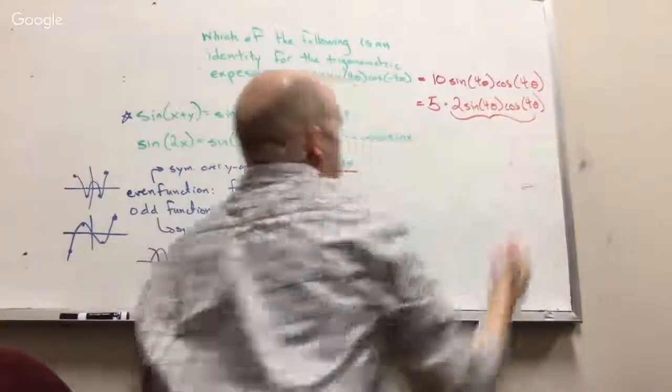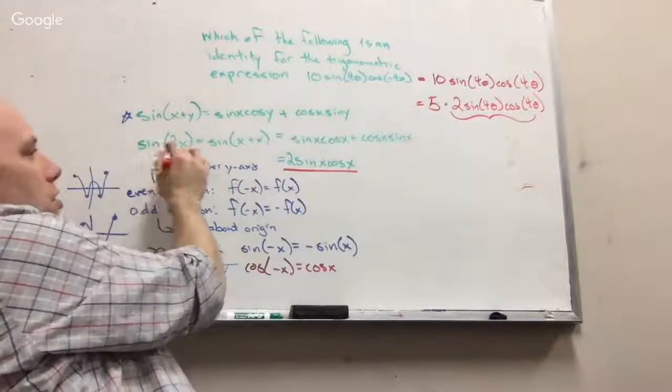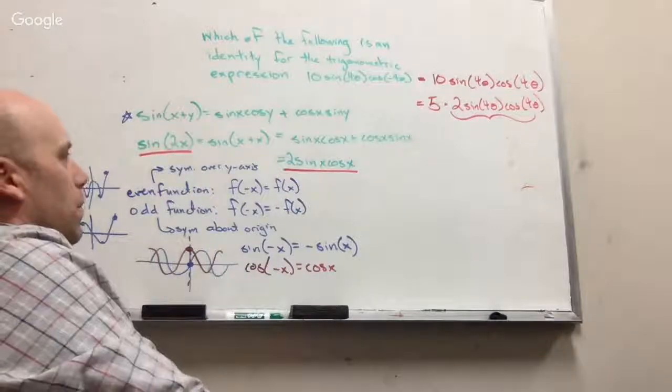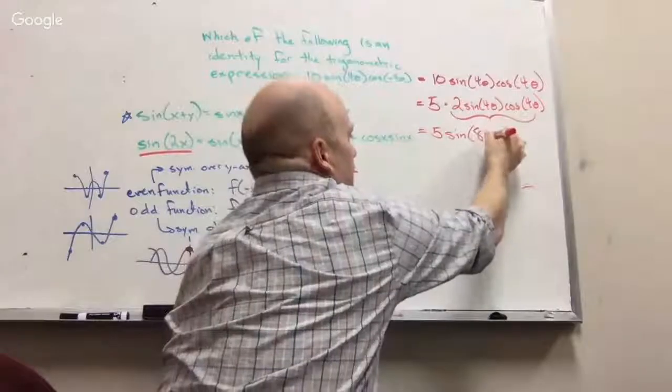Yeah. And so how can I rewrite this, 2 sine 4 theta, cosine 4 theta? It's going to be the same thing as sine of 2x. So it'd be 5 times sine of 8 theta. Exactly.